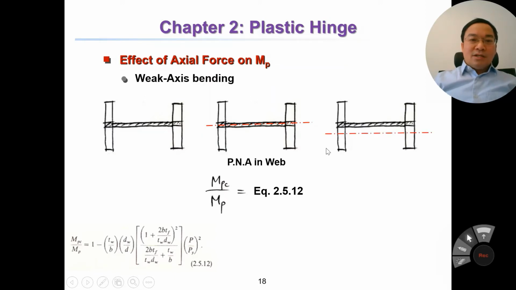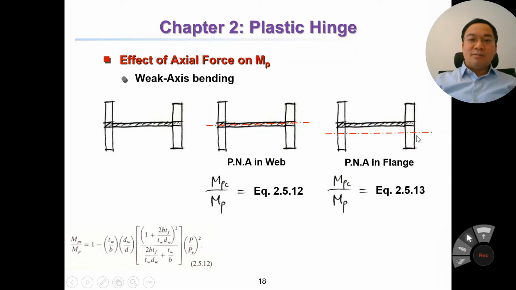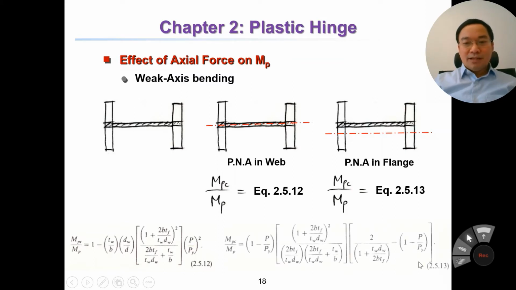In case PNA is in flange like this, then the ratio between MPC over MP can be determined by using this equation, equation 2.5.13, like this.